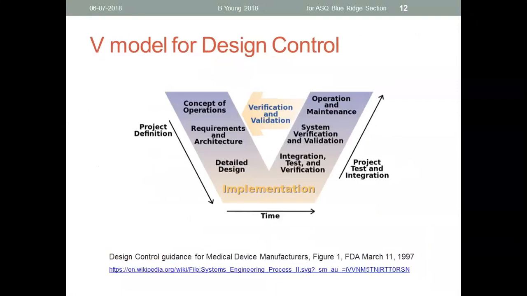What's shown here is a model for design control. This is one of many design control models that are available. The idea here is to show that there are different stages in your process of development and that different tools may be appropriate for different stages of the development.